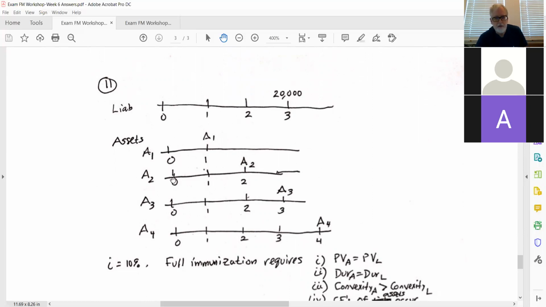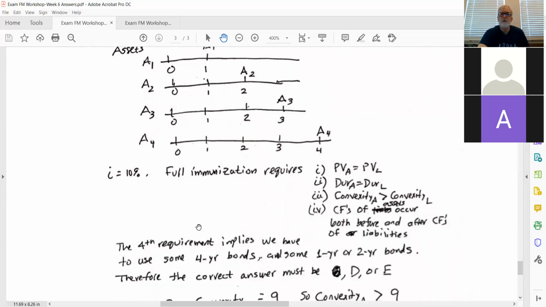The second answer says use 2 and 3. The third answer says use 3 and 4. The 4th one says use 1 and 4. And the 5th one says use 2 and 4. So those are the possible answers: 1 and 2, 2 and 3, 3 and 4, 1 and 4, 2 and 4.